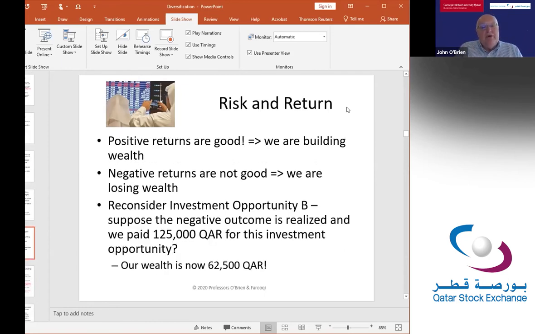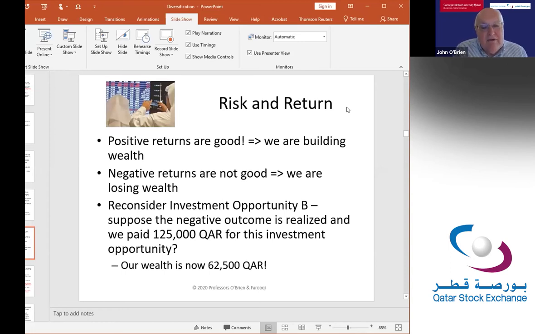So we like positive returns. Everyone likes positive returns. Positive returns are good and we are building wealth. We all like to build wealth. Negative returns are not good because we are losing wealth if they're realized.